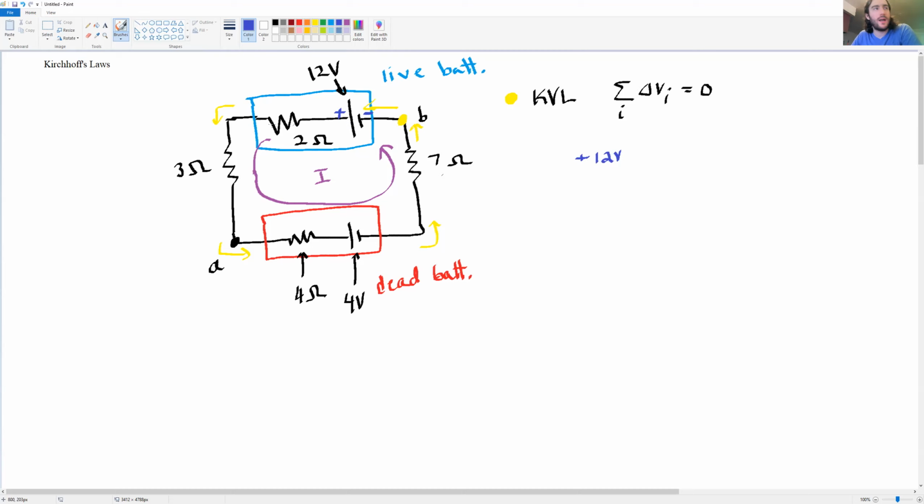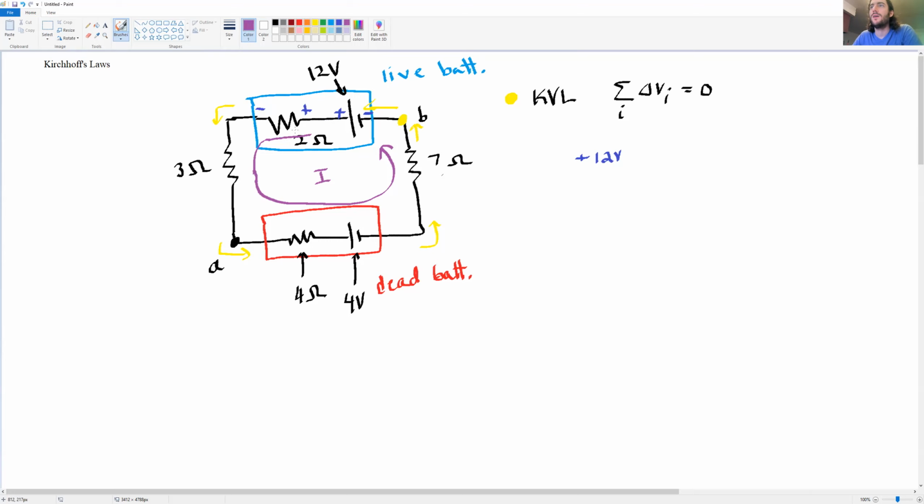Now, when I come across this resistor here, I've chosen a direction for the current. And since I've chosen a direction for the current, then that means I know the polarity of the voltage on the resistor. The current flows from high potential to low potential across a resistor.